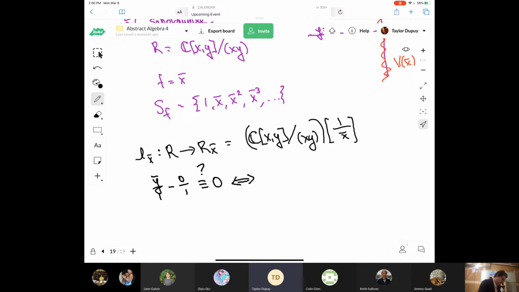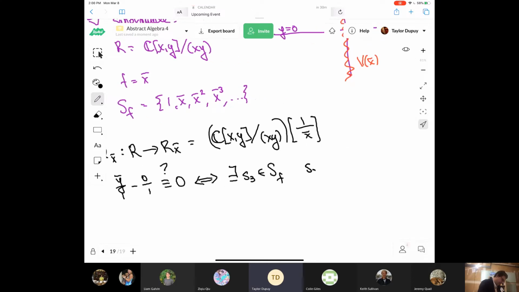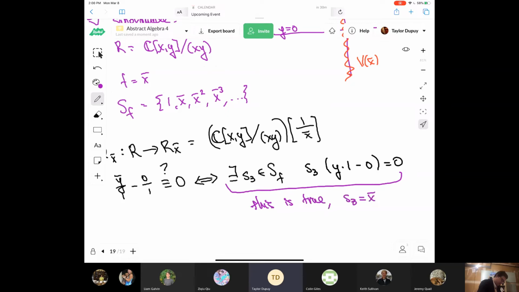Well, this is true if and only if there exists some s in S such that s times y times 1 minus 0 is equal to 0. And this is true: s equal to x bar works. So this is in the kernel.